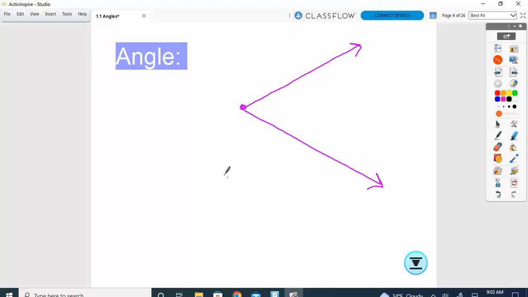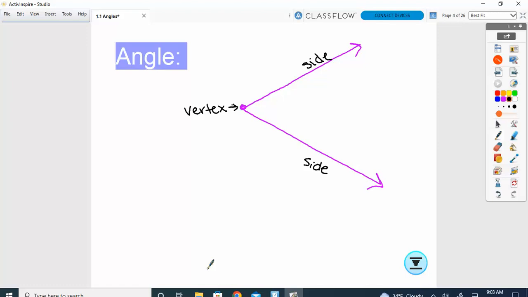This makes an angle. When we have this, these two rays are the sides. So this is a side, and this is a side. This common point is called the vertex.